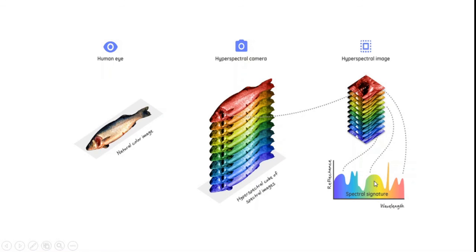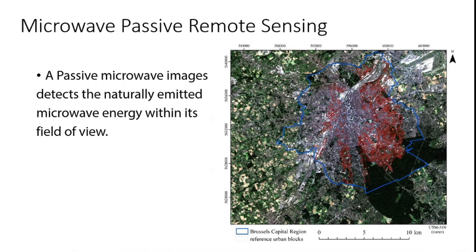You can do it the other way too: if you have a spectral signature like this, you can make a band in the software, and accordingly these bands or colors can be placed in a shape, as this is the shape of a fish, so you can place this color in the fish shape, and then you get a final output of the fish which has such a look. This is hyperspectral remote sensing.